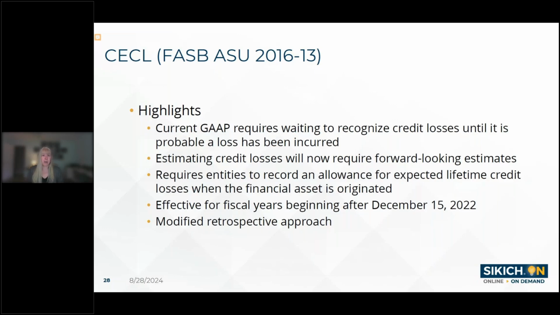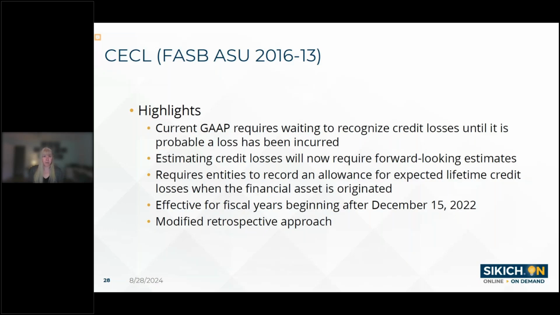Current GAAP requires waiting until it's probable that a loss has been incurred in order to recognize that loss. The new guidance will require forward-looking estimates on day one that the financial asset is originated, and that estimate of expected credit losses will need to cover the entire contractual term of the applicable financial asset.